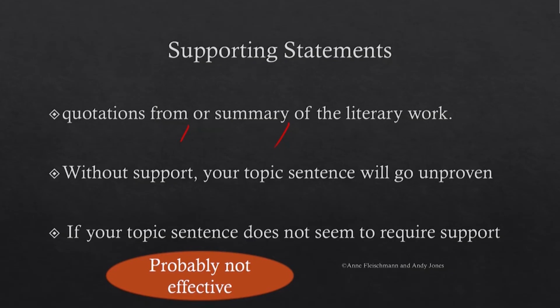As I said before, without support, the topic statement will go unproven and will remain just an opinion. And if you think that your topic statement does not seem to require support, then that topic statement is probably not an effective one, and it doesn't need a paragraph in the first place.